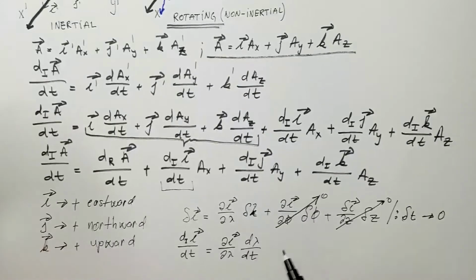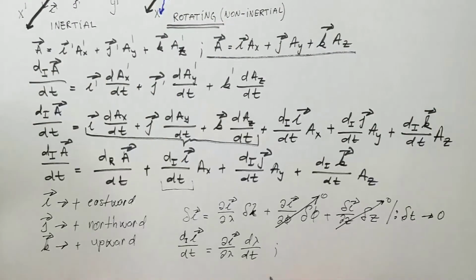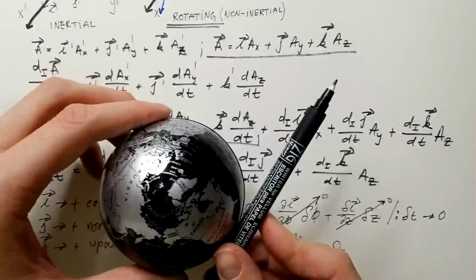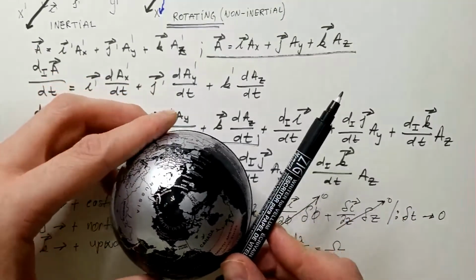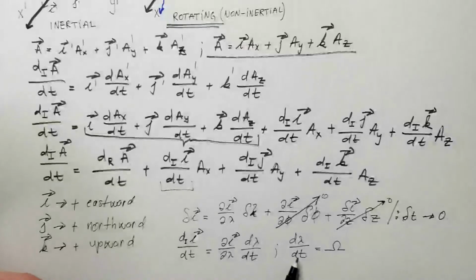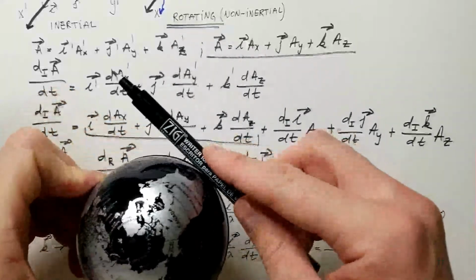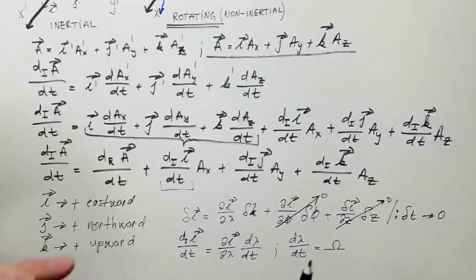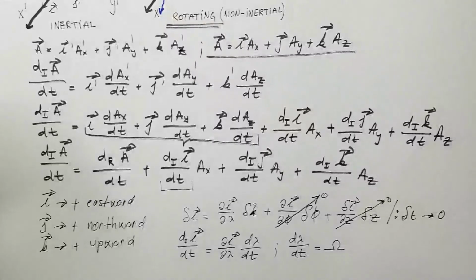Okay, but what is d lambda dt? That is simply the angular velocity of Earth. D lambda dt is omega, the angular velocity of Earth. Again, if we take our globe, unit vector I was here, and then after some time dt, it moved here. Well, it moved here thanks to the rotation of the Earth, and how fast it moved there is dictated by the angular velocity of the Earth.